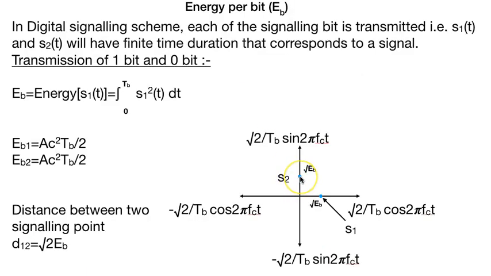So the signals S1 and S2 lie on two different axes, and hence they are orthogonal to each other, and for this reason you use that formula to calculate the bit error rate in a better way. The distance between the two signaling points is under root 2EB. So we have discussed that for ASK it's under root EB, for PSK it's 2 under root EB, and for FSK it's under root 2EB.